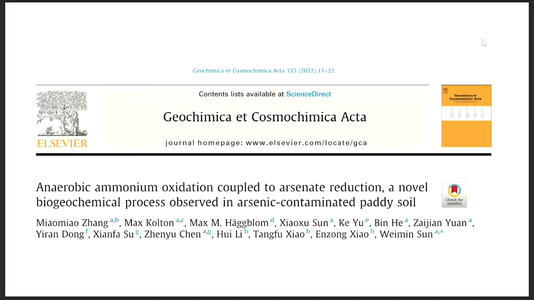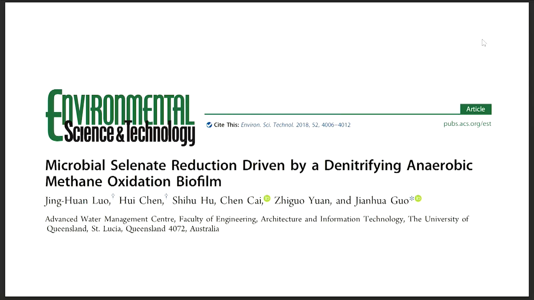That doesn't mean that the process is wrong, of course not, but the calculations were not, so there may be, well, not retraction, but they will send something that the calculations should be redone. But anyway, you can use thermodynamics to rationalize these things and to start enrichments. You can do selenate with nitrate. That's also something quite new.